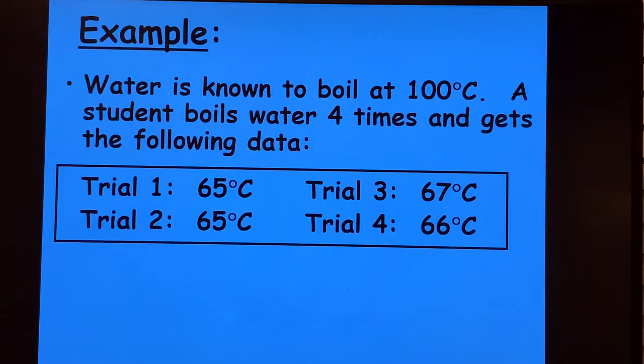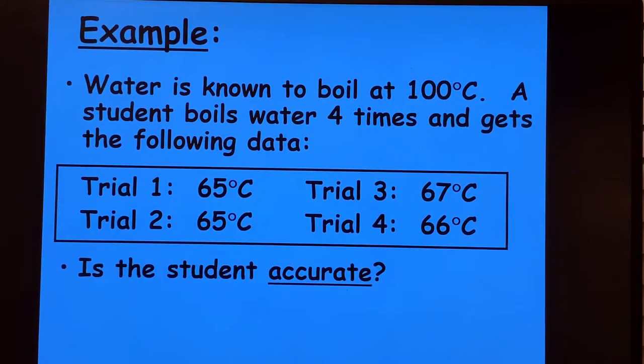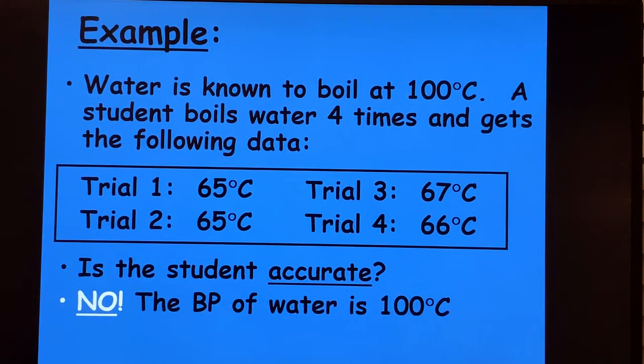And the answers are certainly not 100 degrees. So is the student accurate? Take a moment to think about the answer. And they're not accurate because the boiling point of water is 100 degrees Celsius.